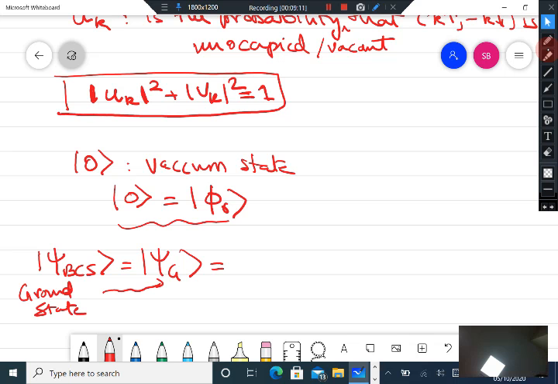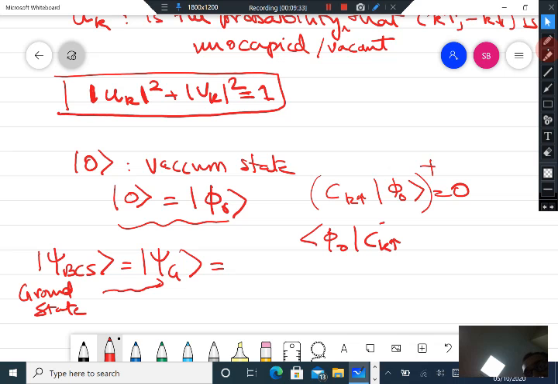Okay, and you should remember that if you apply ck up, if you try to annihilate anything from the vacuum state, it is 0. If you take the complex conjugate of it, then phi naught ck up dagger is also equal to 0.